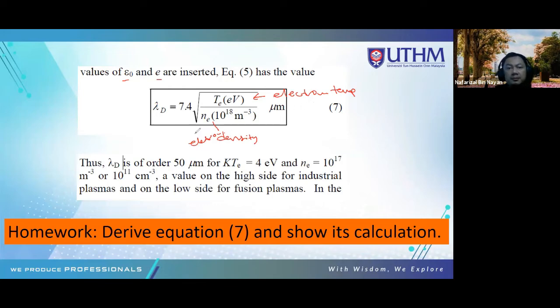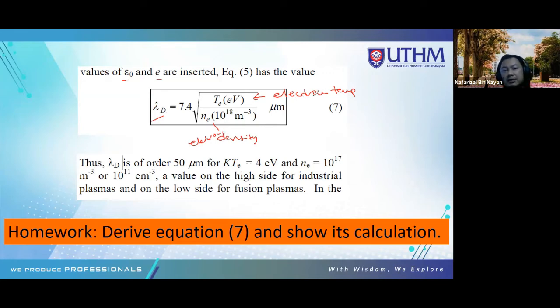From this equation, we know that the Debye length, or the distance between these particles inside the plasma, depends on the electron temperature and the electron density.